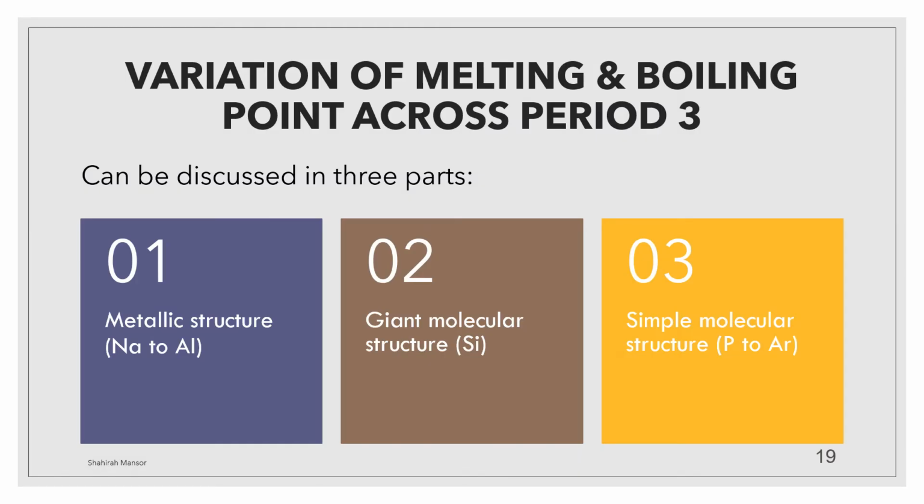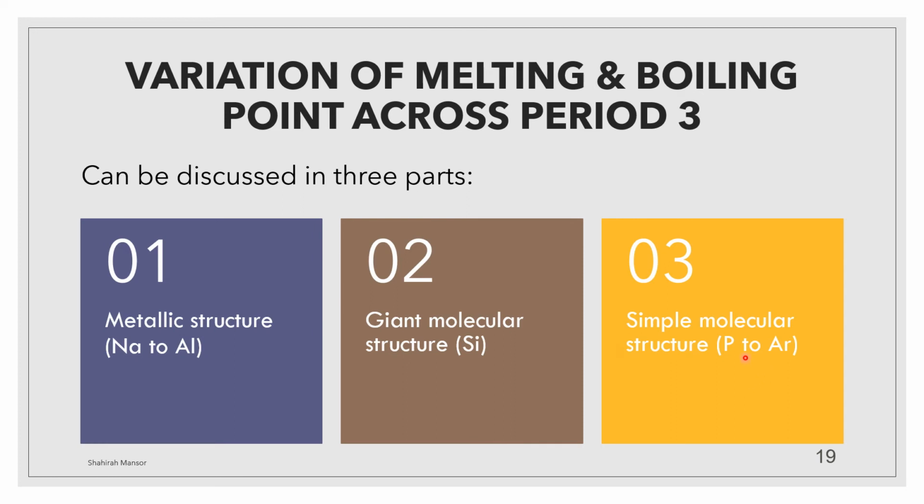So, in order to discuss the variation of melting and boiling point across period 3, kita bahagikan kepada 3 kategori sebegini. Okay, metallic structure kita akan bincangkan untuk sodium to aluminium. Dan untuk bincangkan variation melting point untuk silicon, kita akan gunakan faktor giant molecular structure.